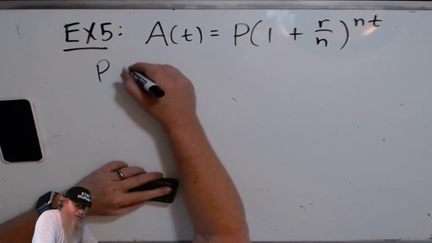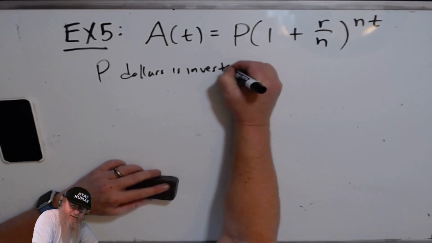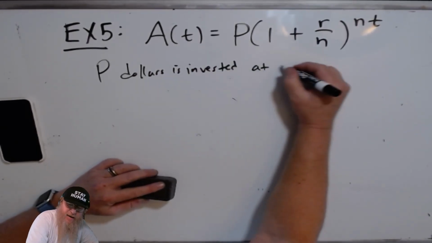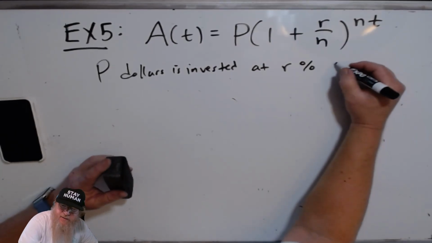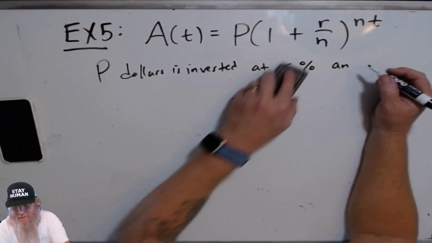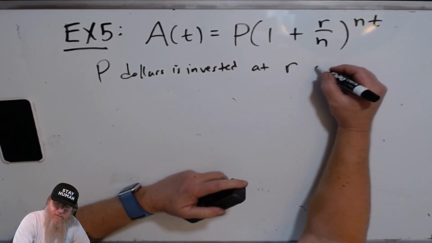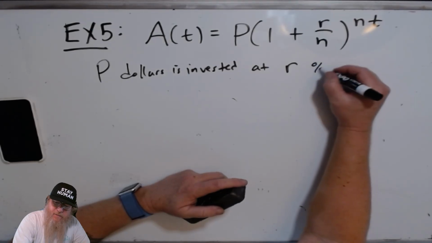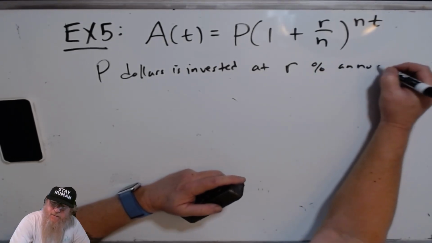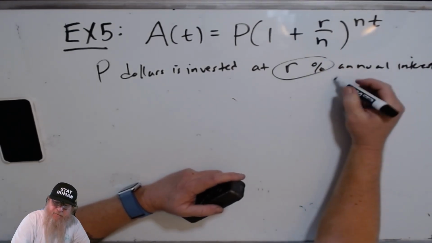So P dollars is invested at R% annual interest. I got to be careful here.